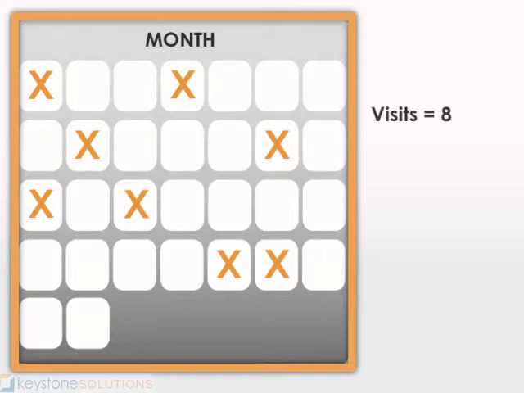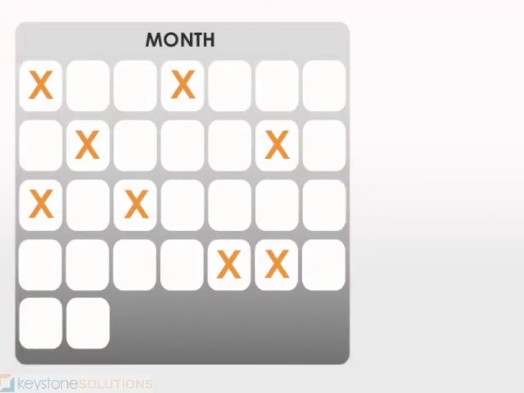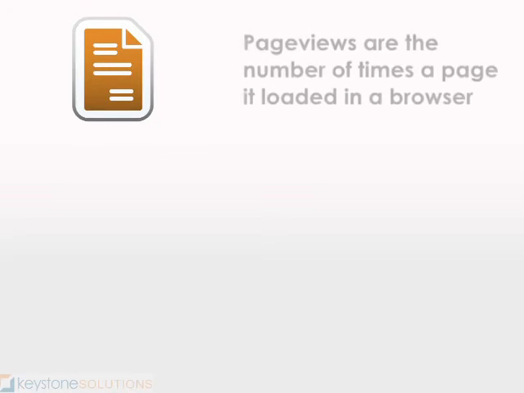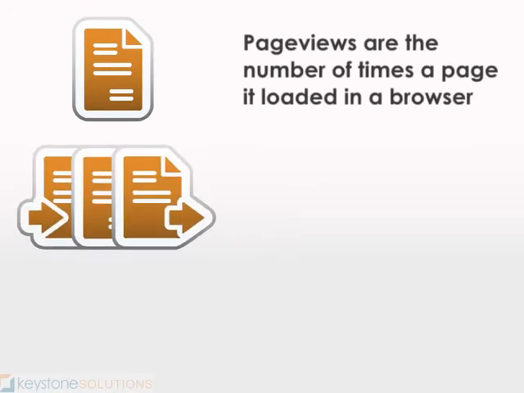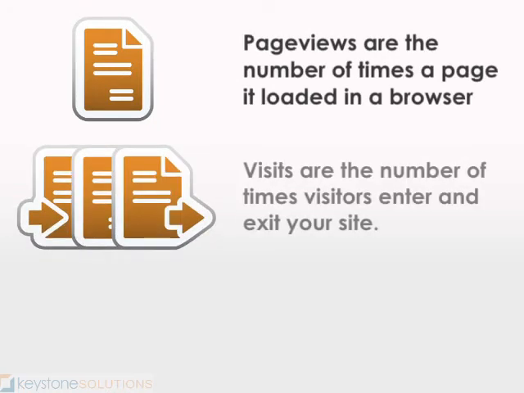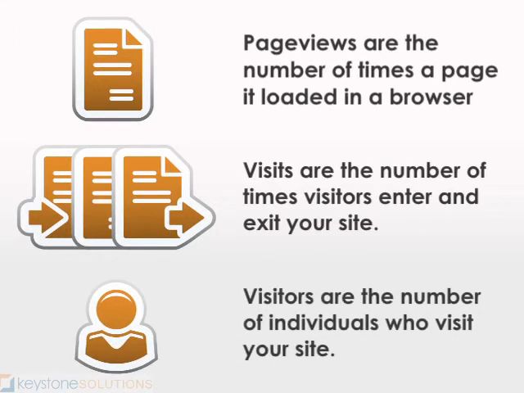But if you ran a monthly unique visitors report, how many times would I be counted? Once. Because again, despite how many visits to your site I make, there's still just one me. So to recap, page views are the number of times a page is loaded in your browser, visits are the number of times a visitor enters and exits your site, and visitors are the number of individuals who visit your site.